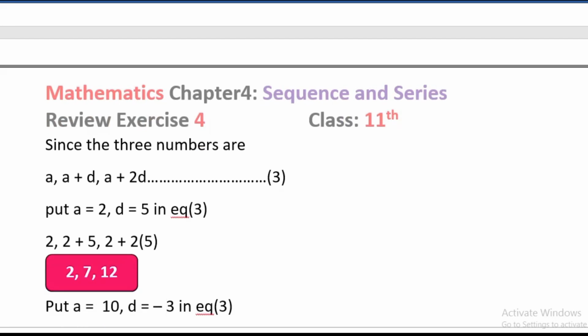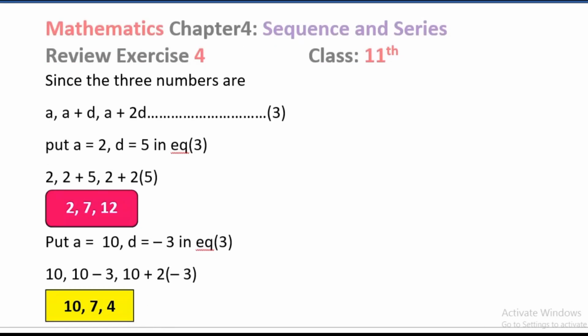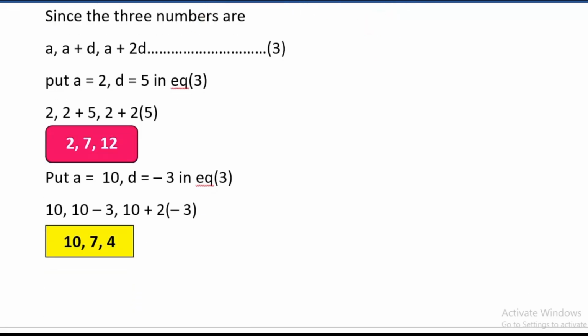Next, put a is equal to 10, d is equal to minus 3: first a is equal to 10, second 10 minus 3 is equal to 7, third 10 plus 2 into minus 3, minus 6, 10 minus 6 is equal to 4. So first number 10, second number 7, third number 4, which is the required solution.